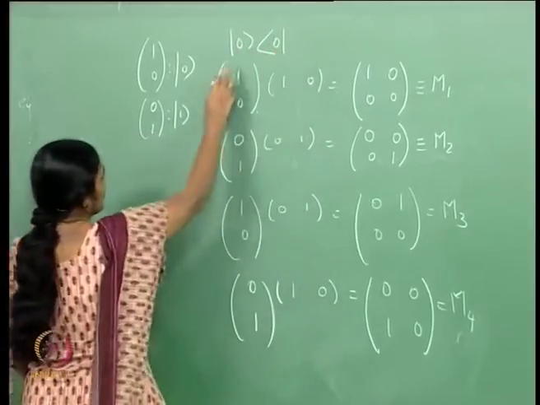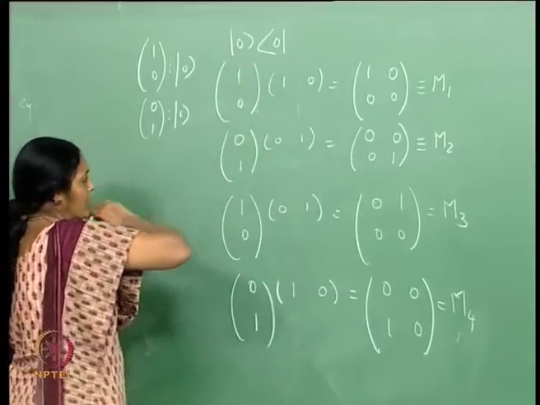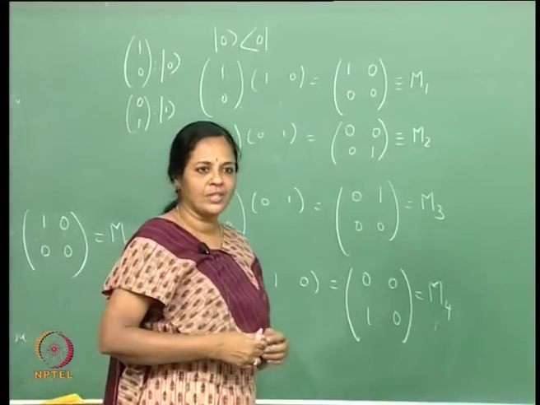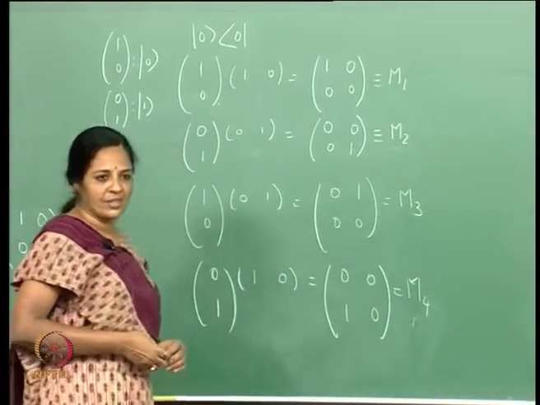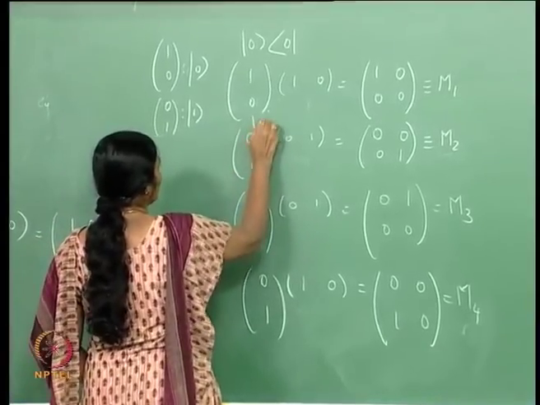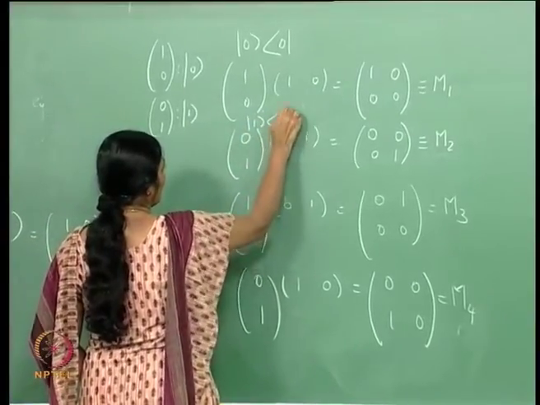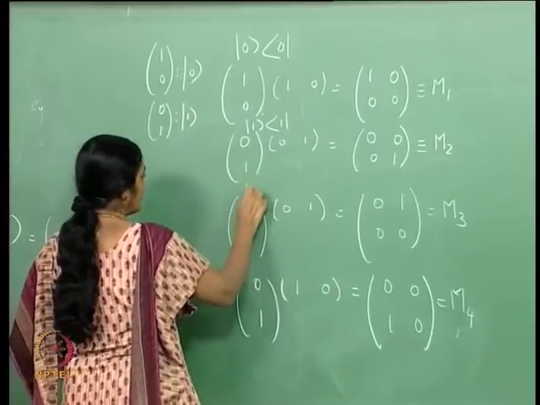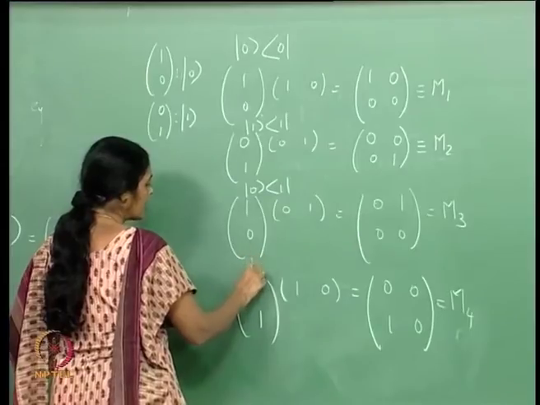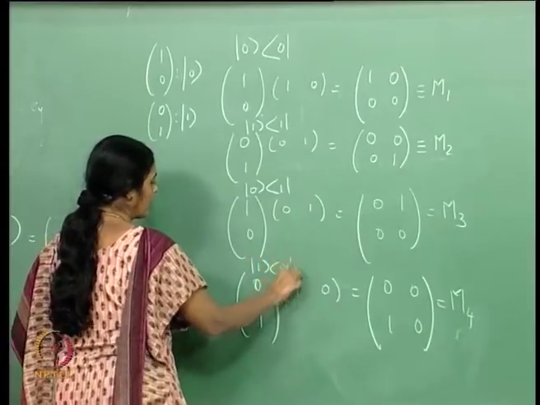So, this is the operator or the matrix M1, I am using the word matrix and operators interchangeably because I can represent operators by matrices. And this is a 0 1 and that is another 0 1. This is a 1 0 with a 0 1 and this is a 0 1 with a 1 0.